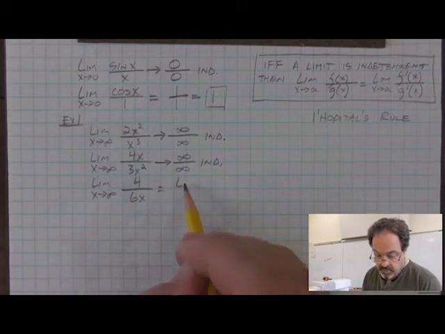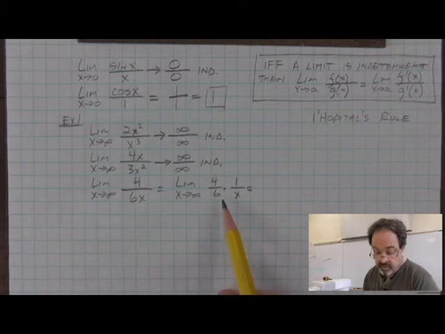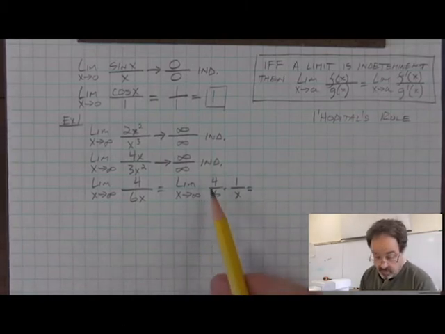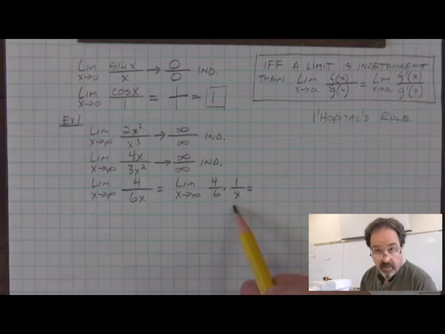I want to show that this expression is the same as the constant 4/6 times 1 over x. And when I reattempt the limit, in this case, I have the limit law, the limit as x approaches infinity of 1 over x. We can use the limit law and know that to be 0.